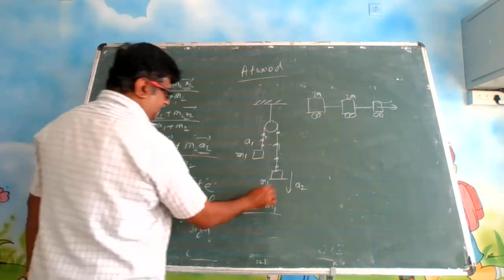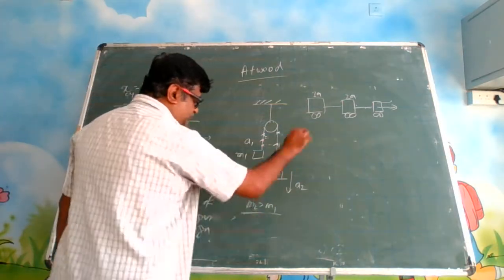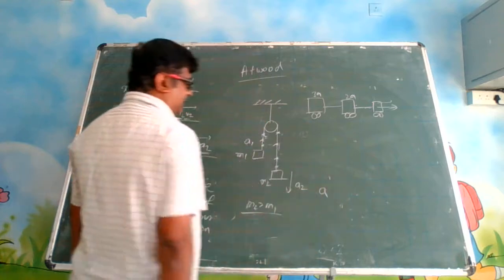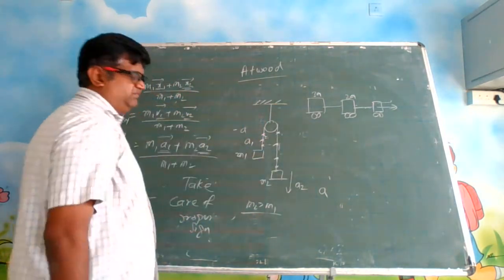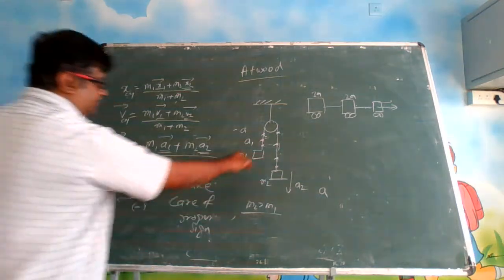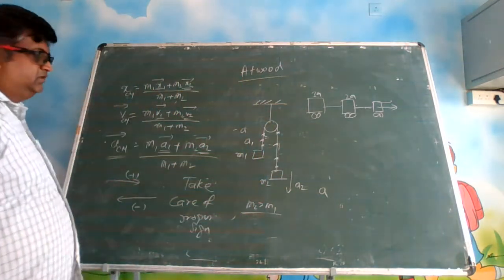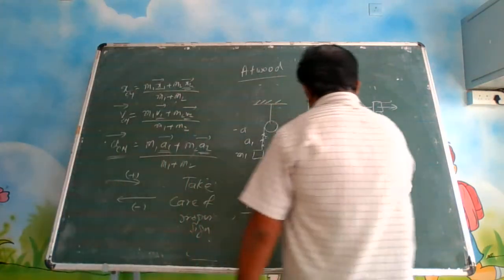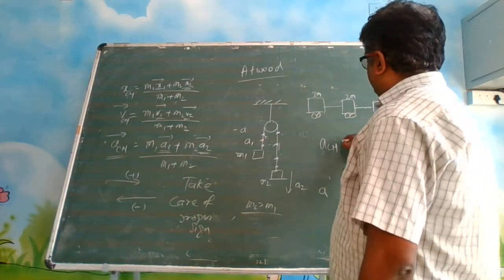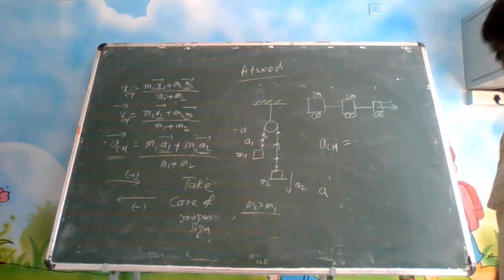So if M2 is going down with acceleration A, this one is going up with acceleration minus A, because the chord is the same. Can we apply this equation? Yes.